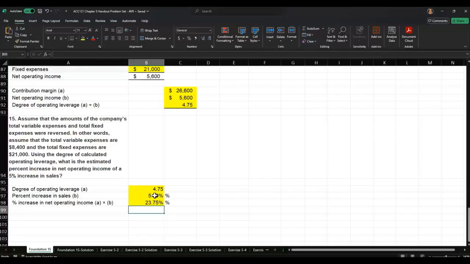But remember, let's pretend that that is a negative 5% decrease in sales. Now we've got a negative 23.75% decrease in net operating income.